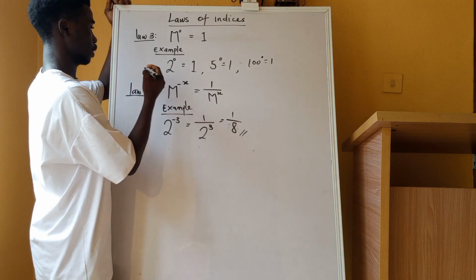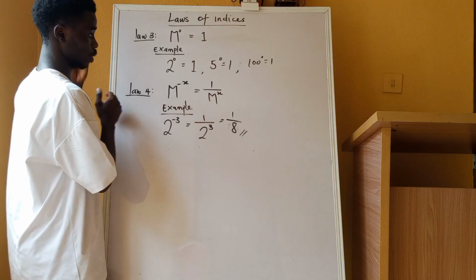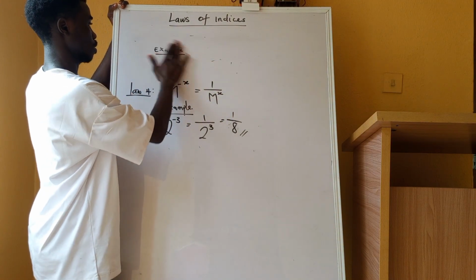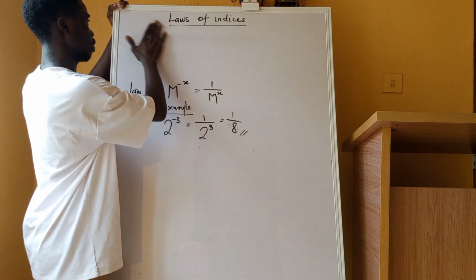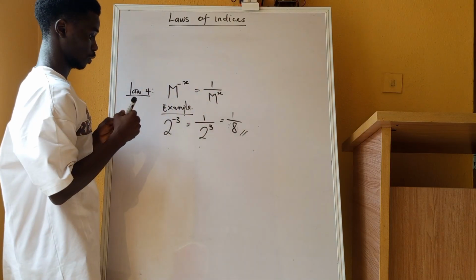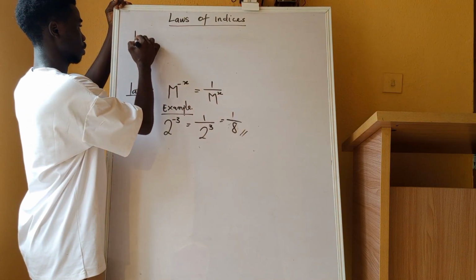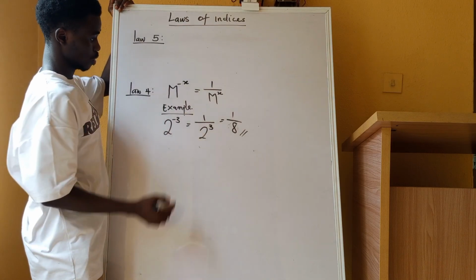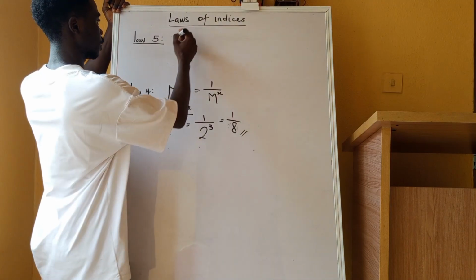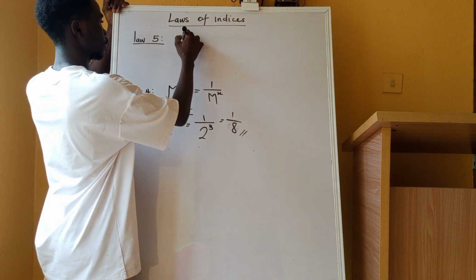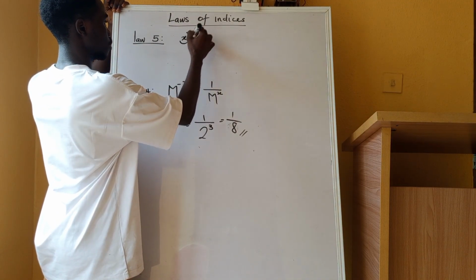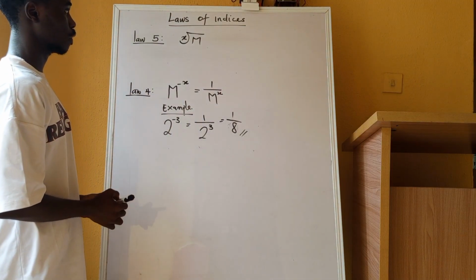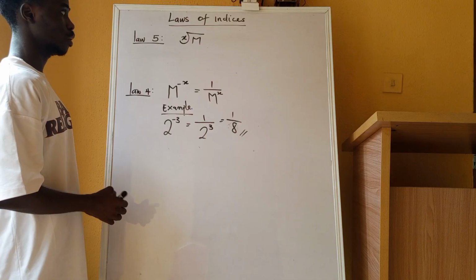Alright. So let's move to the next law. Law number 5. Let's say we have the x root of m.